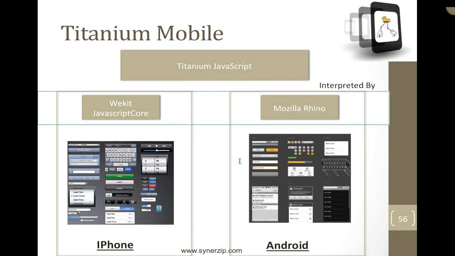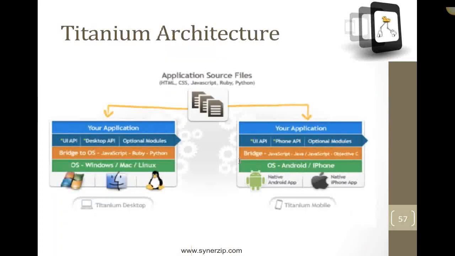This is the architecture of Titanium. I'll only focus on the Titanium Mobile side. Here you have a UI API which talks about creating windows, dialog boxes, buttons, and you have a phone API. The phone API is very much similar to PhoneGap, exposing the camera, the local store, database, things like that. And then you have this bridge between JavaScript and the native world.